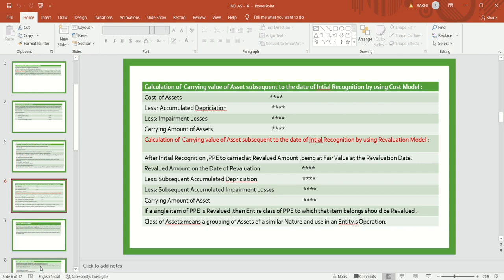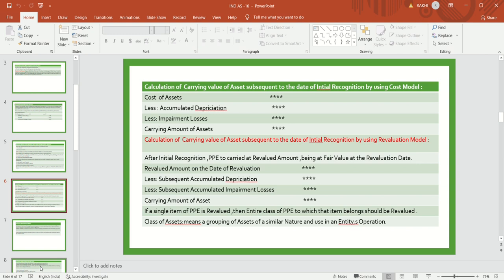After initial recognition, PPE is to be carried at the revalued amount, because the company will recognize its revalued property, plant and equipment at fair value on the revaluation date. So the revalued amount is the fair value on the date of revaluation.